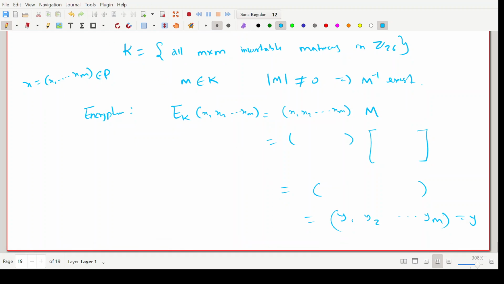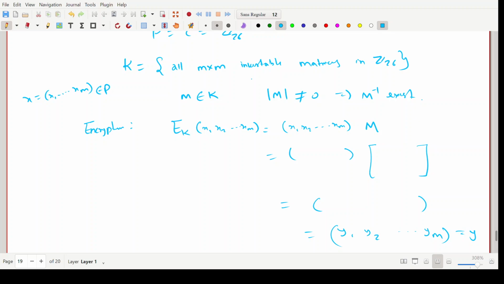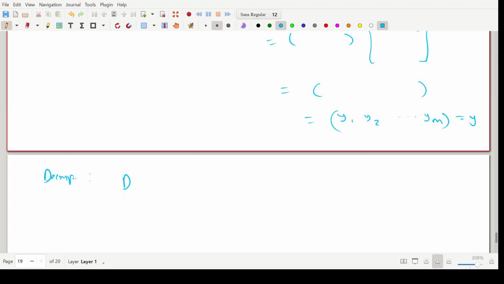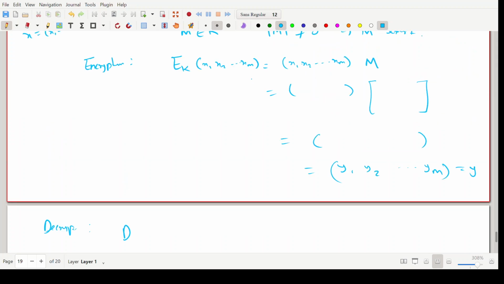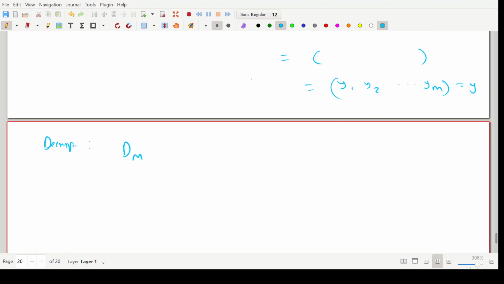How will you decrypt? Decryption is easy. As I told you, I have chosen a matrix M whose inverse exists. For encryption I have just multiplied my plain text with M, so for decryption I just have to multiply the ciphertext with the inverse. So I'll write d_M of y1 y2 up to ym.